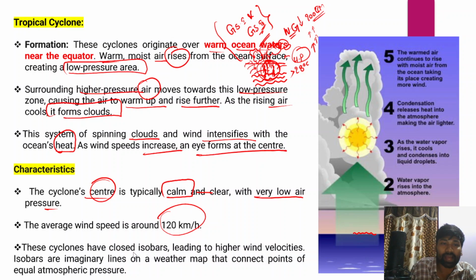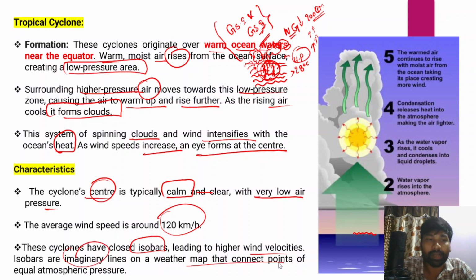These cyclones have closed, very closely arranged isobars, which represent low pressure, leading to higher wind velocities. Isobars are imaginary lines on a weather map that connect points of equal atmospheric pressure, right? So they have closed isobars, and that leads to higher wind velocity.